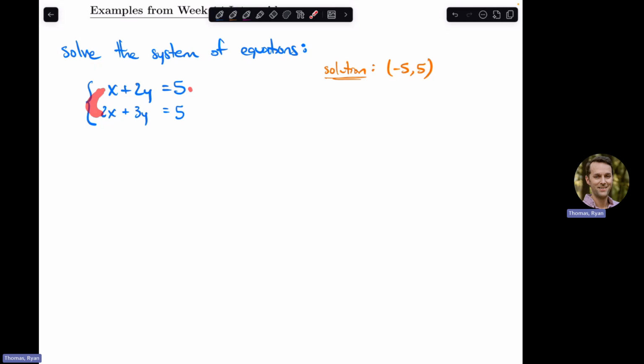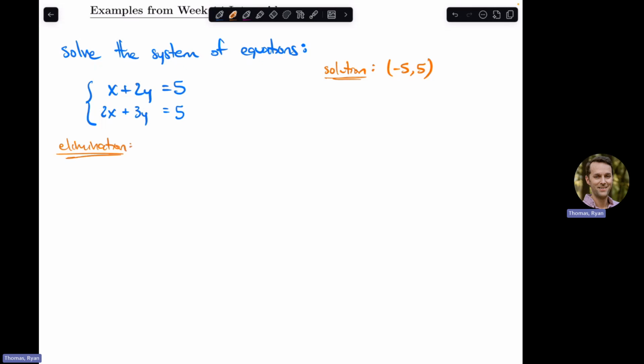That's ultimately what we have to do, combine them together in a way that we get rid of something, right? That we figure out how to make it only be in terms of y or only in terms of x. So what we're going to do is called elimination.